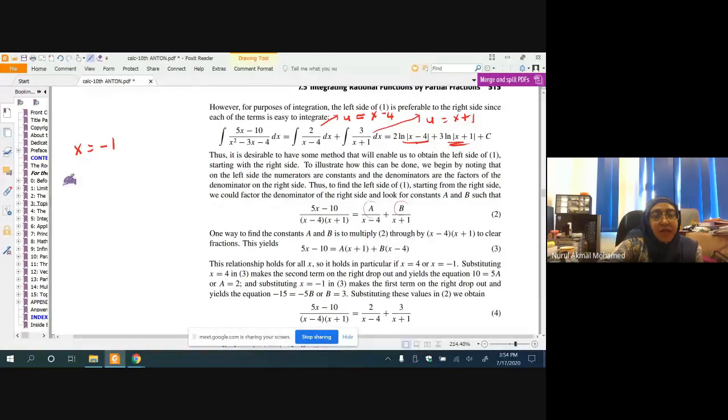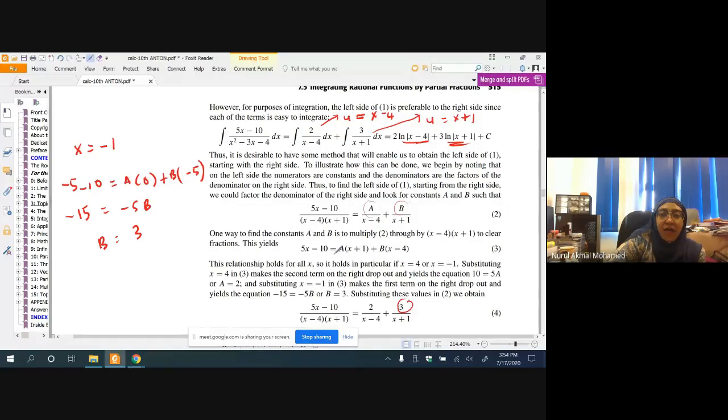So negative 5 minus 10 equals A multiplied by 0 plus B multiplied by (negative 1 minus 4), which is negative 5. So negative 15 is equal to negative 5B, so your B will be 3.